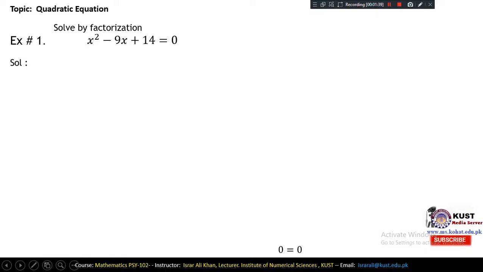Then we find the multiplicative factors of 14, and we only pick those factors of 14 whose addition or subtraction gives us minus 9. The multiplicative factors of 14 are 1 and 14, but neither addition nor subtraction gives us 9.